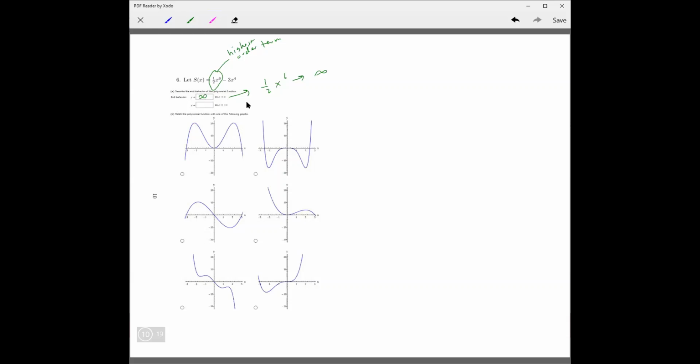And as you go to negative infinity, that's going to go to positive infinity, because if I take negative infinity to the 6th power, the negatives are going to cancel off. Well, that's really weird math, but yeah, it's just going to be infinity.